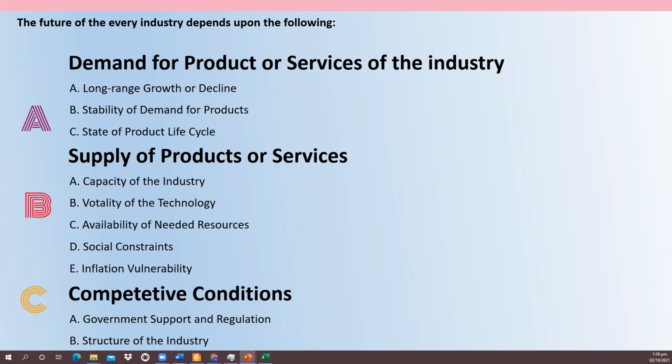Okay, so when we say stability of demand for products, this involves questions like, is the demand steady or predictable or uncertain? And then factors affecting the stability or availability of close substitutes, durability of products, and whether the product is a necessity or luxury. Kumbaga, yung products mo ba, stable ba, or forever na ba siyang magiging in demand?